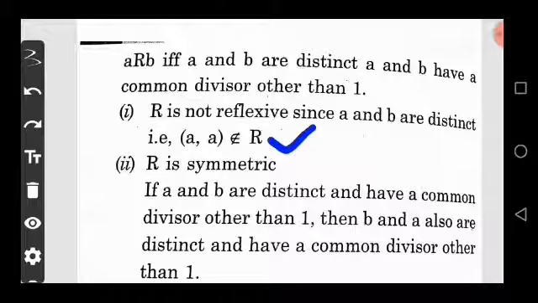Second, R is symmetric. If A and B are distinct and have a common divisor other than 1, then B and A are also distinct and have a common divisor other than 1.